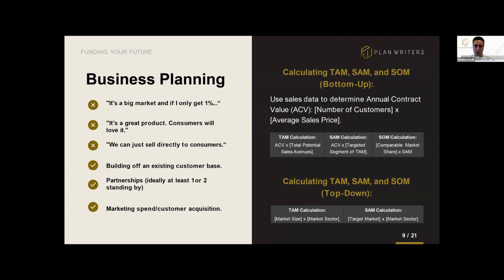So we build a forecast that's within your market segment, and then we can gather some data within a target market. We can build market comps, and we can start calculating literally from the bottom up, okay, how big is really your addressable market, your specific market that's relevant to you, not an entire industry.